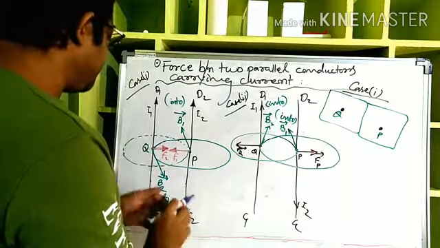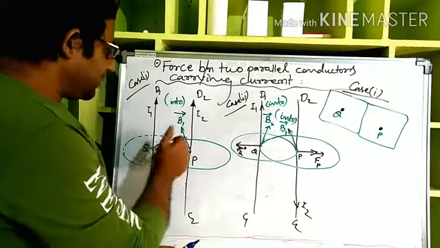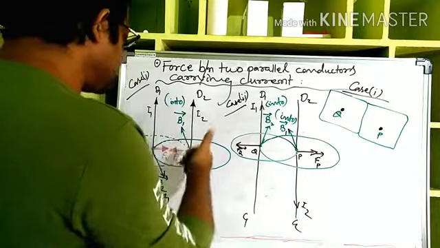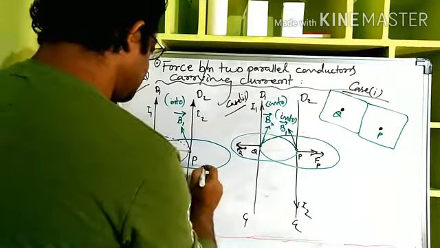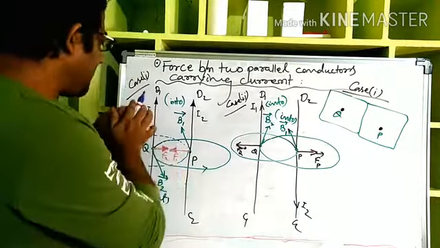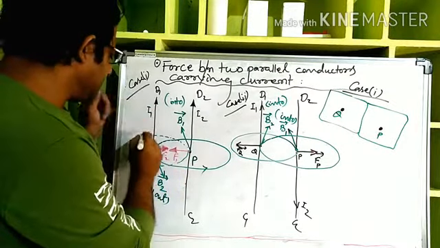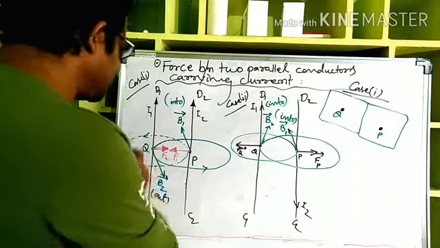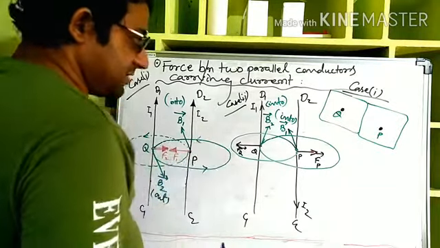Now what is the direction of Q? See, direction of Q. If we keep our finger, it is coming like this. So this direction is like this, and keep I1, it is coming like this. It was about Q, the circle was in the anti-clockwise direction. This also is anti-clockwise, right?